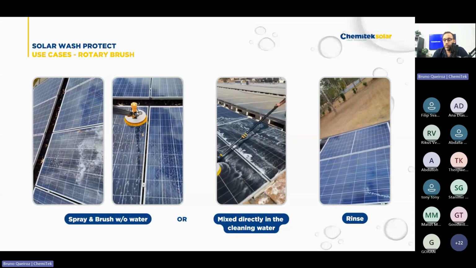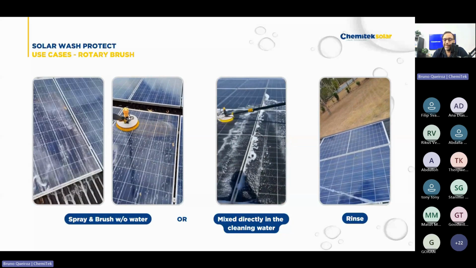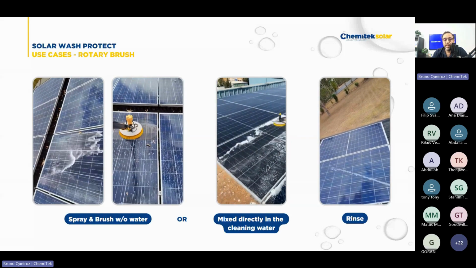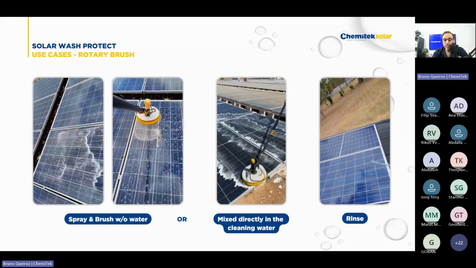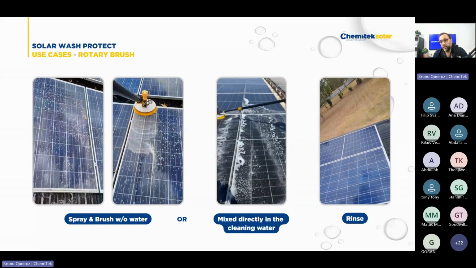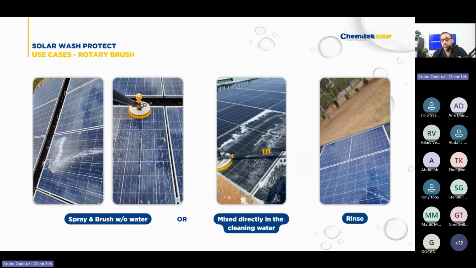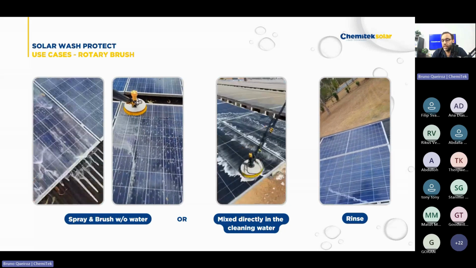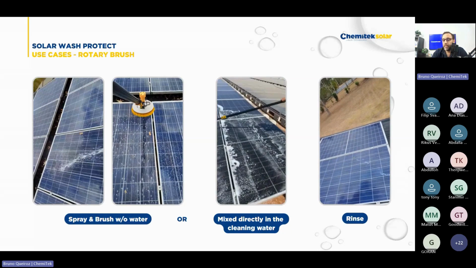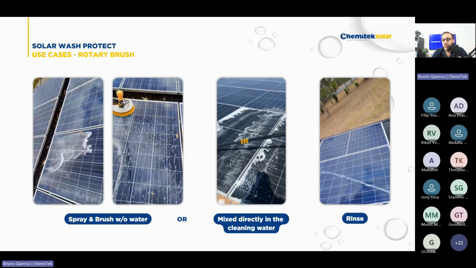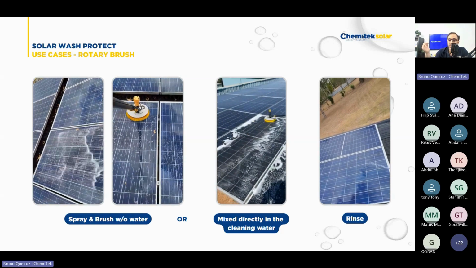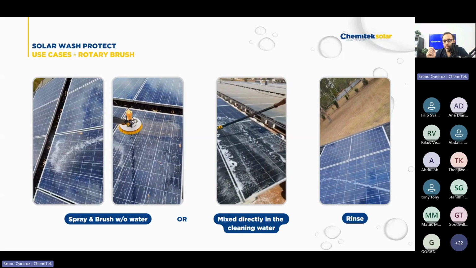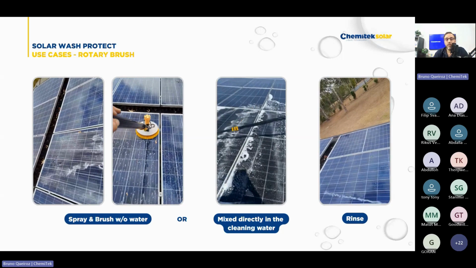If you use water-driven brushes, this solution is not the best because you'll be rinsing the product before having the opportunity to brush it, and that's where you can use the other option, where you just mix the product directly into the cleaning water and you brush and apply the product at the same time, where the product is just going through the brush itself, and finally you need to rinse.